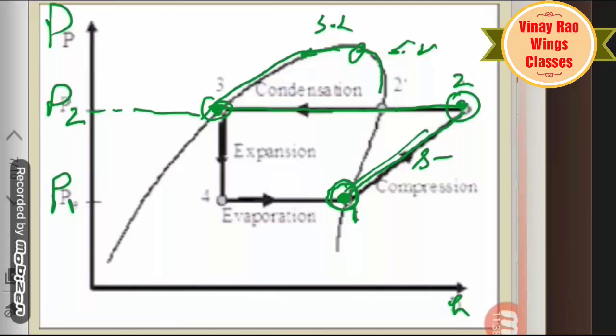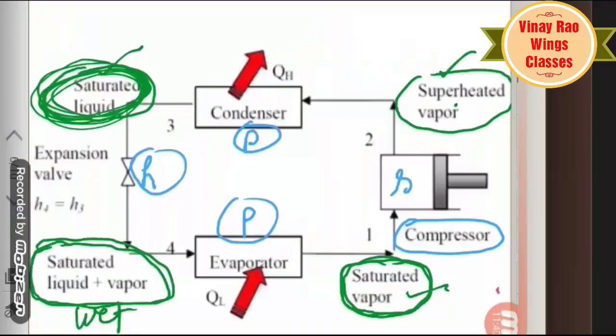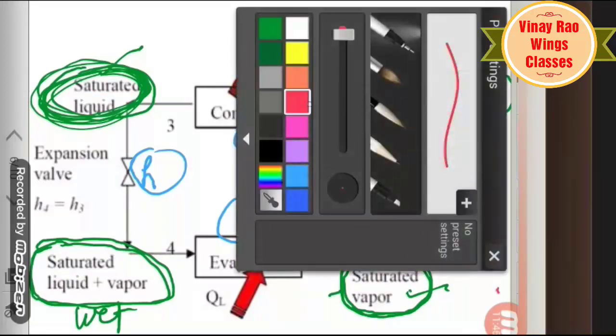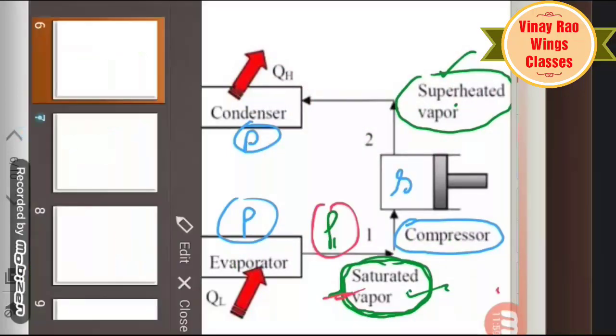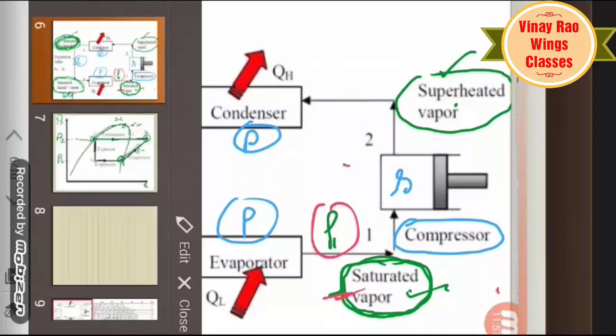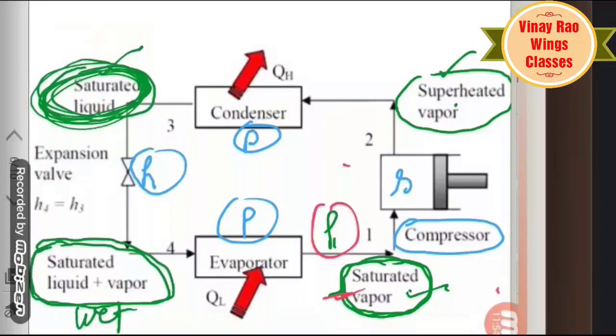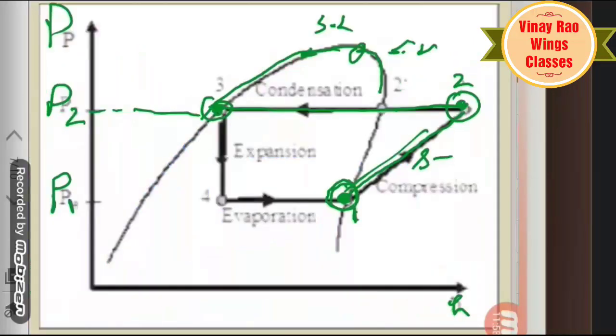That means at P1 there is dry saturated vapor. In this case, P1 is dry saturated because it exists on the dry saturated line.